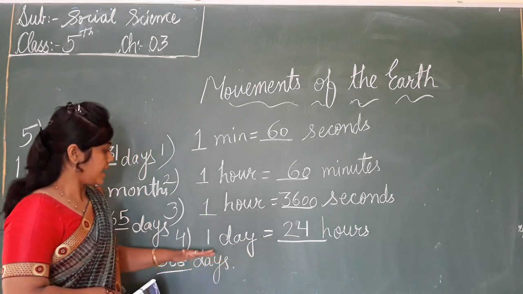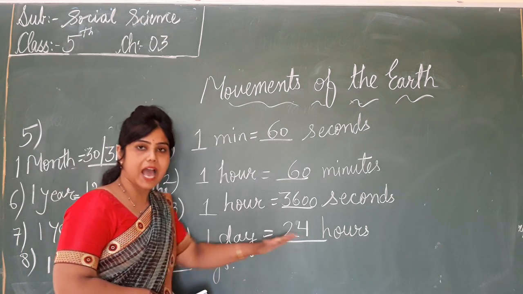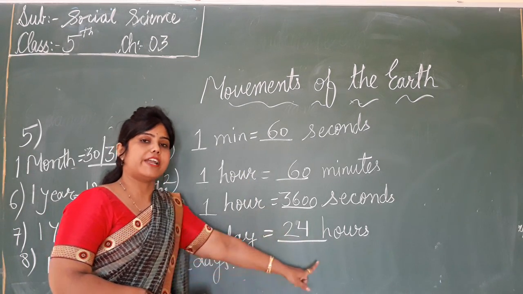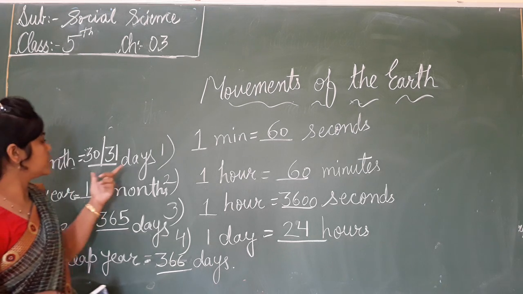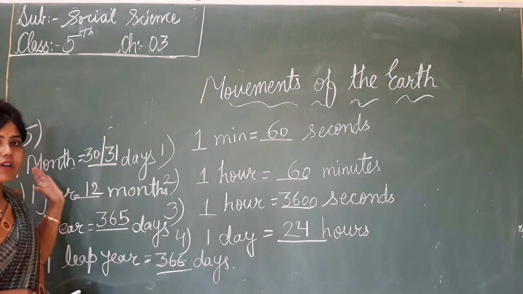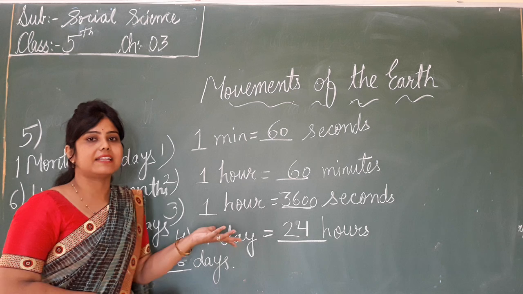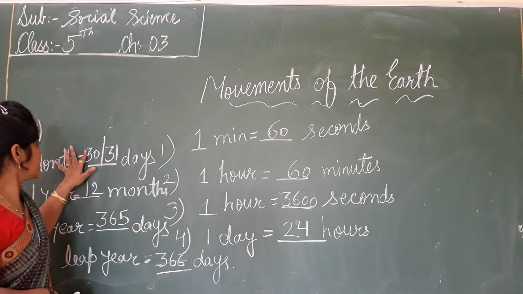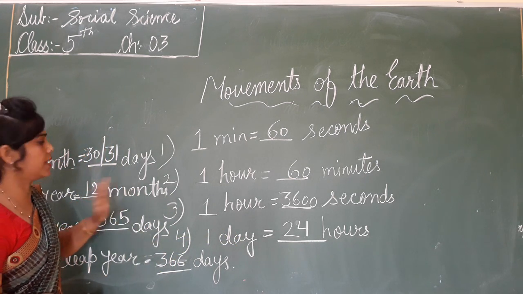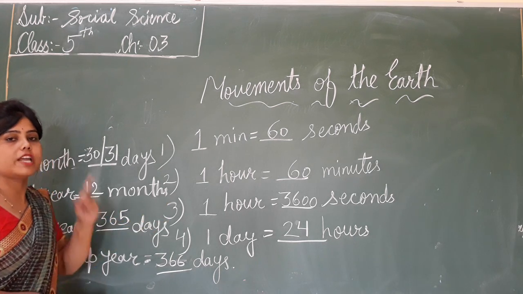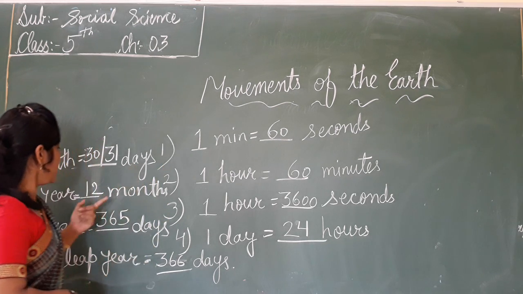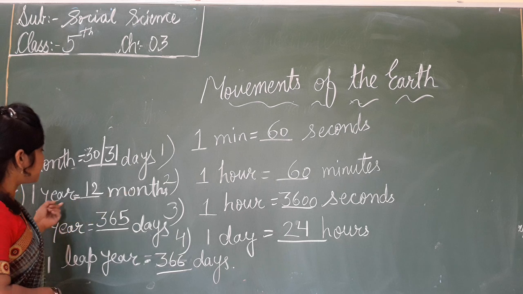And 1 day is equal to how many hours? That is 24. In 1 month, how many days are there? 30 or 31. 12 months make 1 year.